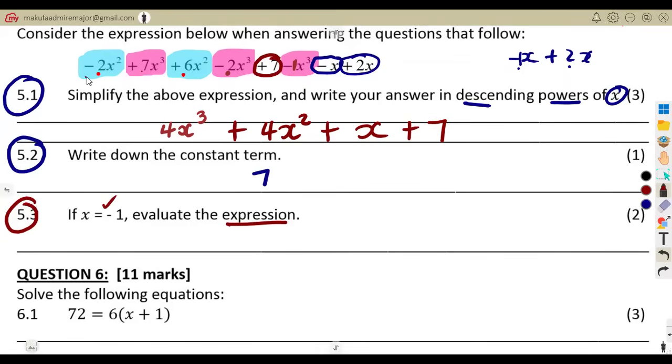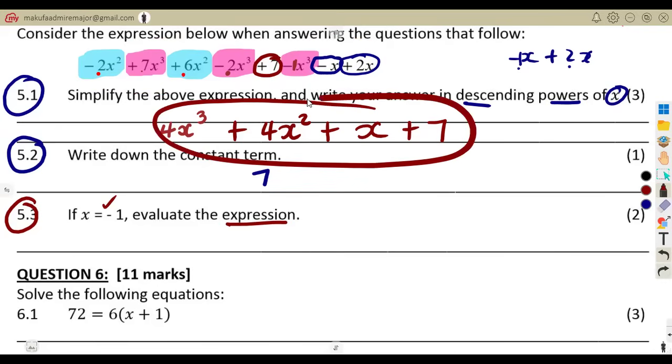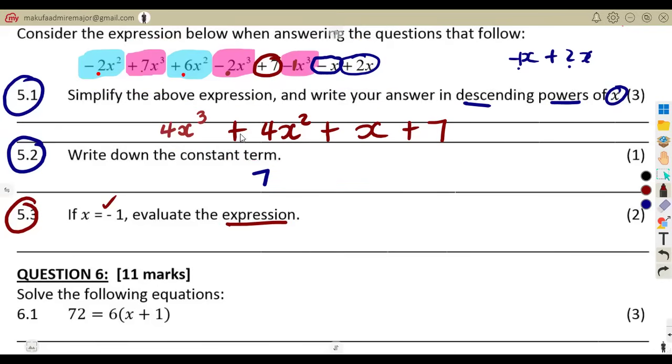Instead of substituting here where there are so many terms, substitute on this expression that you have simplified. Where we have x, we have to put minus 1. So it's 4 into minus 1 to the exponent of 3 plus 4 into minus 1 raised to the exponent of 2 plus, in place of x, you substitute a minus 1 plus a 7.